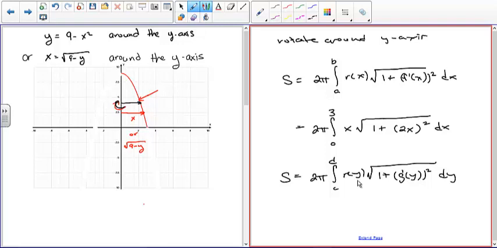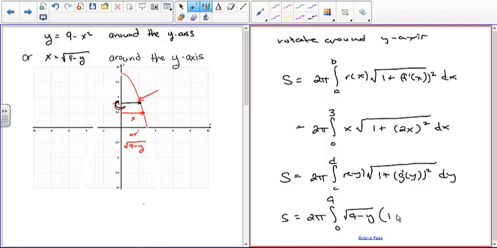Okay, so r of y, when we did it before, was just y. In this case, r of y is that. So we're going to have 2 pi times the integral from 0 to 9 of the square root of 9 minus y. So that's r of y.